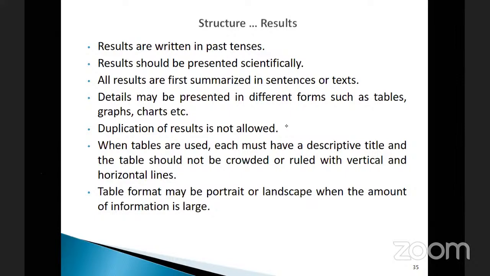When tables are used, each table must have a descriptive title. That's it. Every table should have a title that describes the content. If, for instance, you have Table 1, demographic characteristics of the subjects or participants, then you're now having something like a disease condition, hypertension, diabetes, asthma, duration of disease.